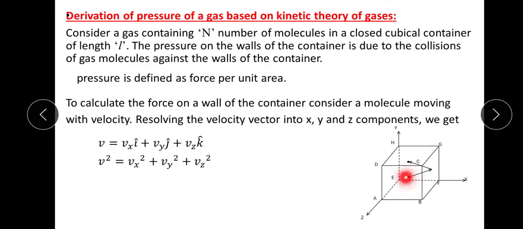This means if this molecule is moving with 10 meter per second along the x direction, after undergoing the collision, its velocity along the x direction is minus 10 meter per second. It only reverses its direction without changing the magnitude of velocity. That is what we call an elastic collision.